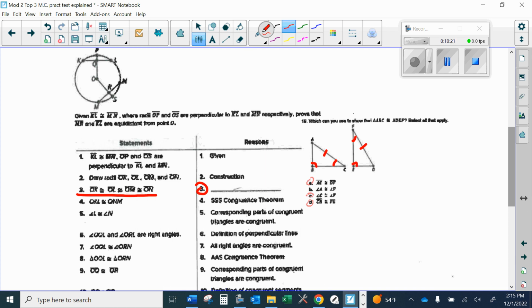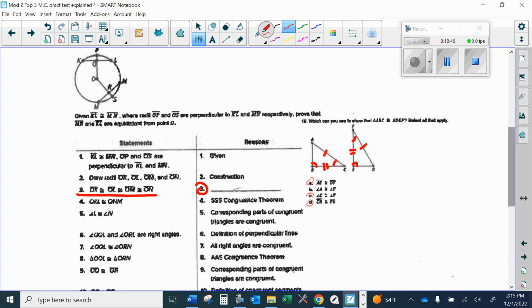So you'd have AAS. CB is congruent to FE. And so if you didn't use the right angle, you'd have SAS that way right there.